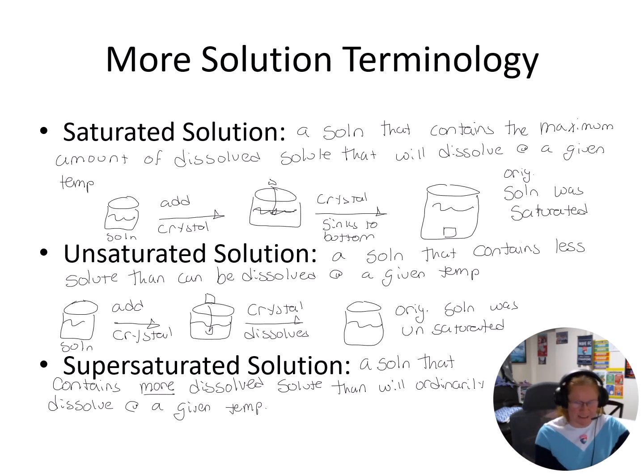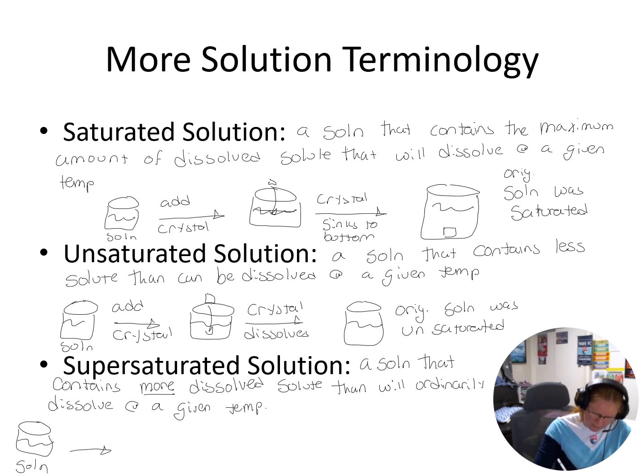Okay, so what happens here? Let's start off by, okay, we've got our solution. We're going to add our crystal. And then what's going to happen is excess crashes out.